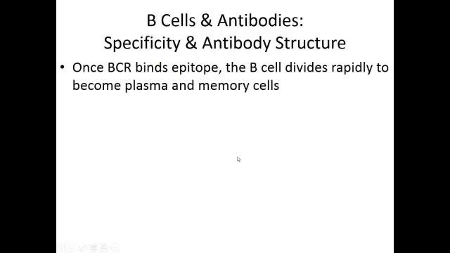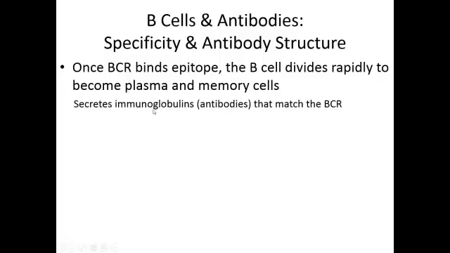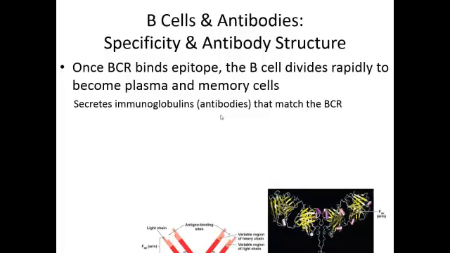The whole point of dividing is so that you get more cells that have that BCR, and they mature into either plasma cells or memory cells. Plasma cells, their whole job is to pump out immunoglobulins that match their BCR. Memory cells kind of hang back and they're ready for the next time that antigen comes in contact with its BCR. So let's talk about the structure of immunoglobulins, or antibodies.